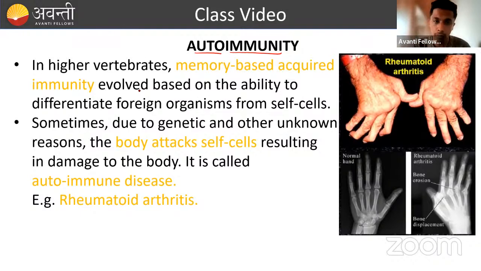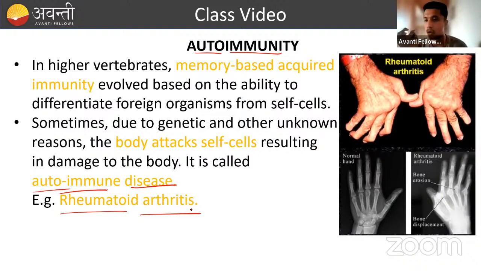How can we define autoimmune disease? The ability of our body to differentiate self and non-self cells is lost. Therefore, our body cells will attack our self cells, resulting in damage to our body. And this is called what? Autoimmune diseases. An example is rheumatoid arthritis. What is happening?